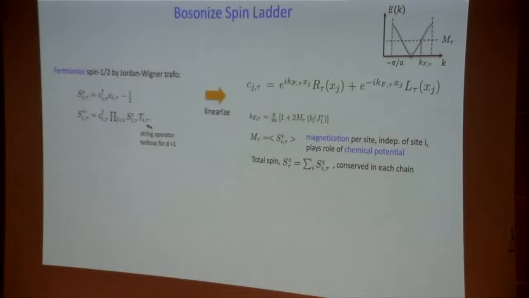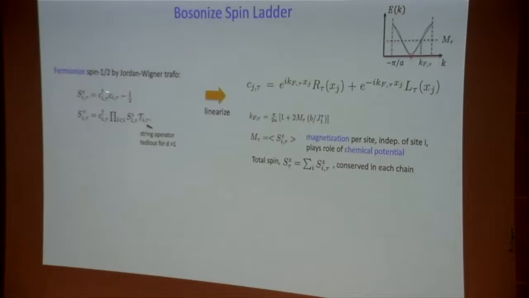It's a spin-1/2 chain. We do this by Jordan-Wigner transformation. That's standard. But as soon as you go out of one dimension, it becomes more complex because there's a string attached, and the string operator to deal with that in higher dimensions is rather tedious. But we will see that for the purpose we have in mind, it does not really bother us.